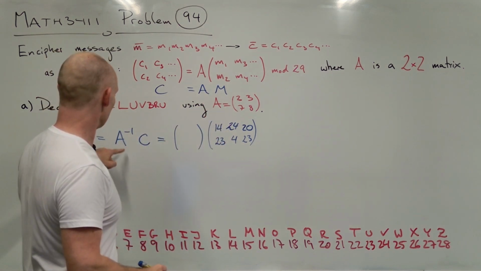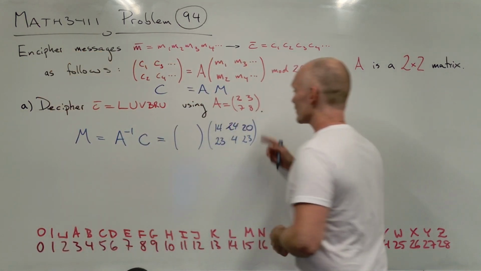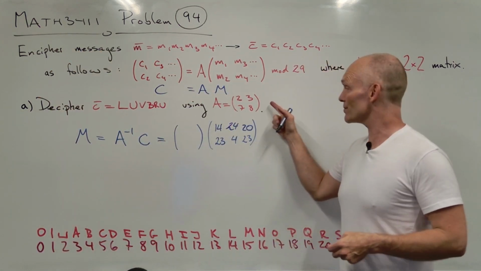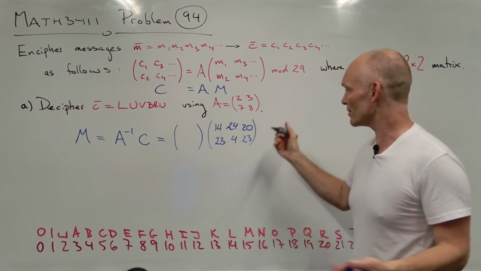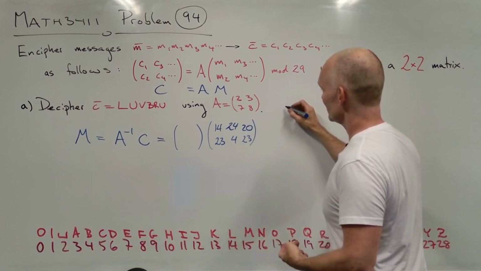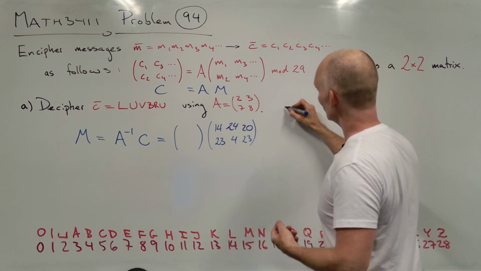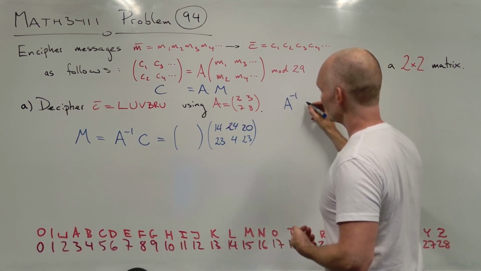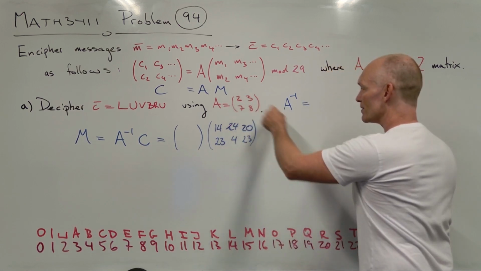Okay, what else? We have the inverse of A that we have to find here. So we've got to find the inverse of this matrix mod 29. How do we do that? Well, you could do it in several ways, but either row reduce or use a little formula. I think I might use the formula, that you might have seen in high school or first year maths, where we look at the determinant.